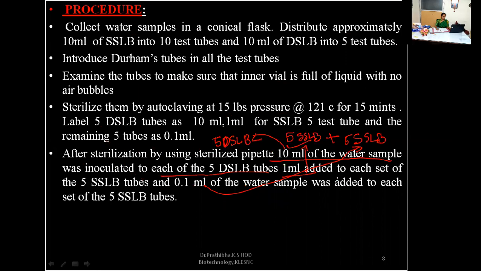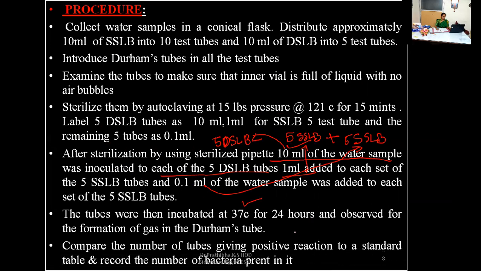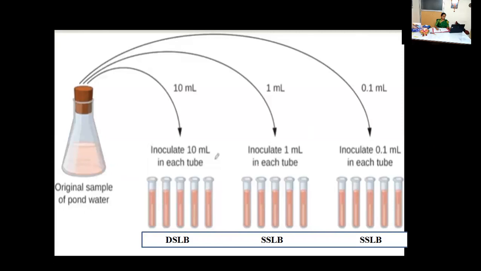After adding, the tubes are incubated at 37 degrees Celsius for 24 hours and observed for the formation of gas in the Durham tube or color change in the broth. Compare the number of tubes giving a positive reaction to a standard table and record the number of bacteria present in it. This is all about the presumptive test.